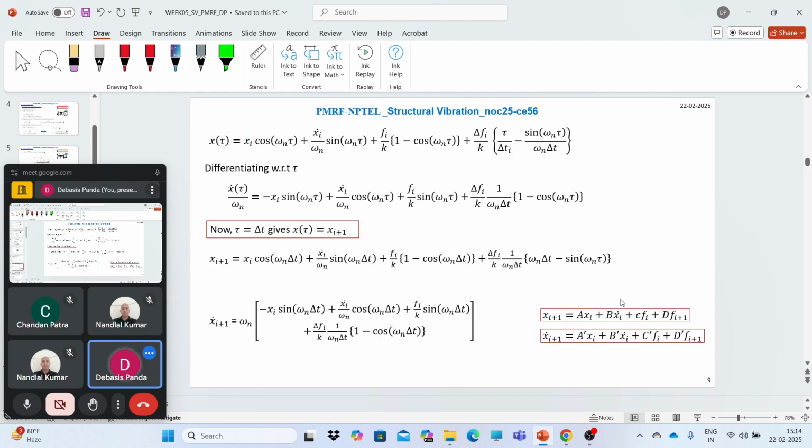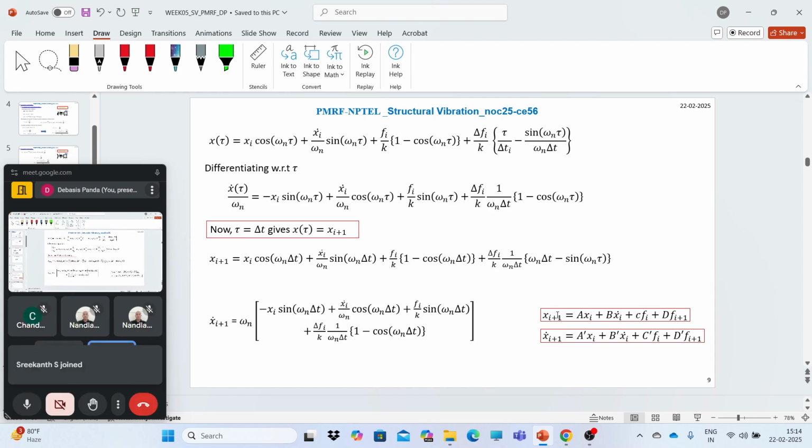From these two equations we can see that xi plus 1, the displacement at the next time step i plus 1, is some constant term into xi plus b xi dot plus c fi and d fi. So a, b, c, d are the constant terms here. If you simplify these equations, you can see which terms correspond to a, b, c and d. And for the velocity term, we have used a prime, b prime, c prime and d prime.